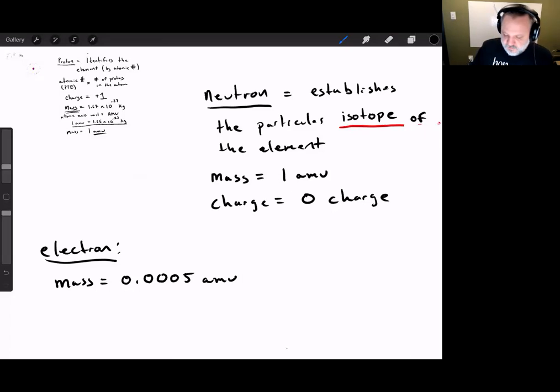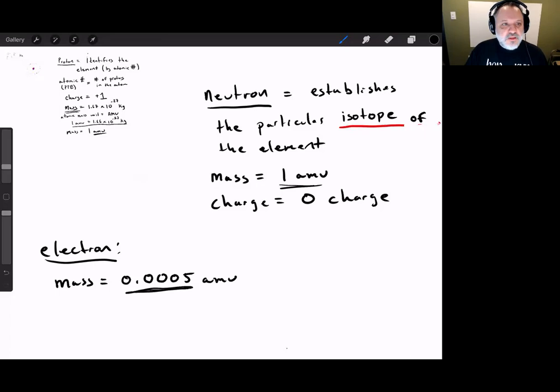If the proton and neutron are 1 AMU, then this is about 2,000 times smaller in mass than the proton. And we're already saying that protons and neutrons are subatomic particles.